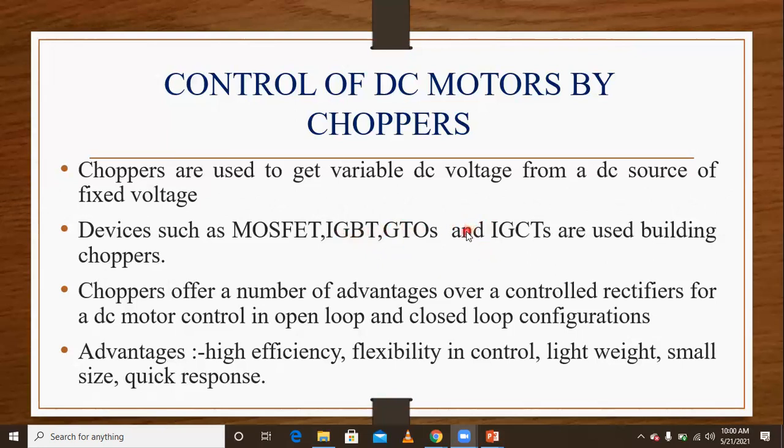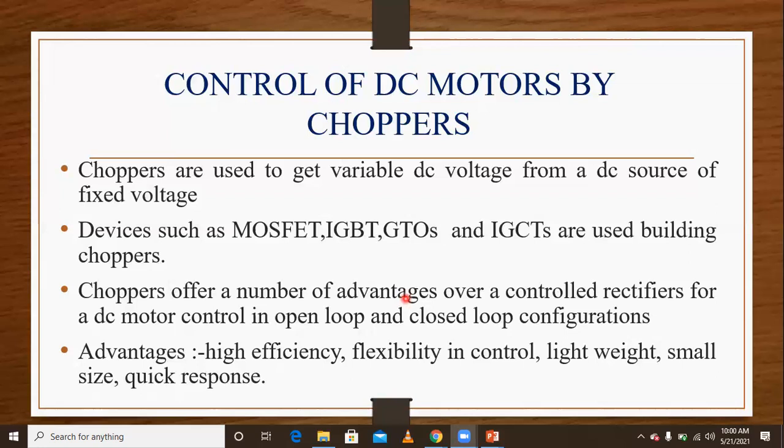Understood? Next, the chopper offers a number of advantages over a controlled rectifier for DC motor control, in open loop and closed loop configurations.